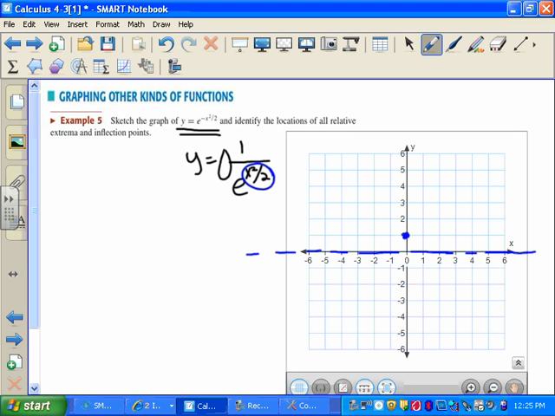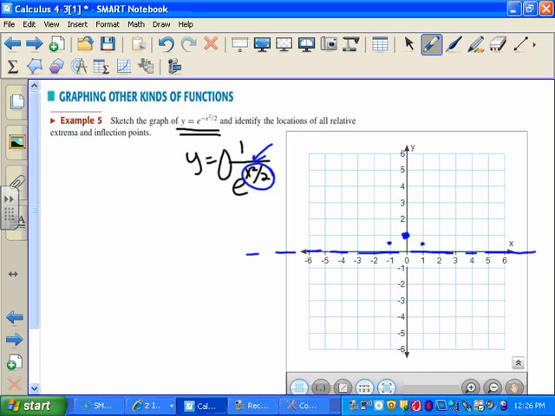I'm never going to hit it. So I'm going to approach it, but I'm never going to be there. So that's a horizontal asymptote. If I plug in -1, I get e to the 1/2 and 1 over the square root of e, somewhere here. And it's going to be the same on either side. And the reason I know it's the same on either side is because this x squared is going to give me symmetry over the y-axis.